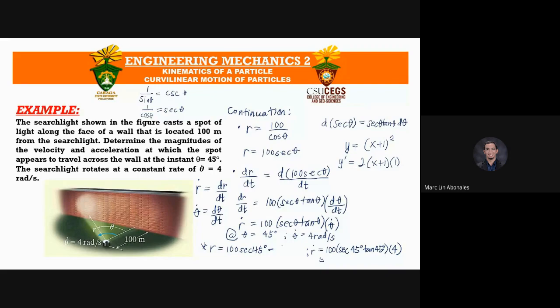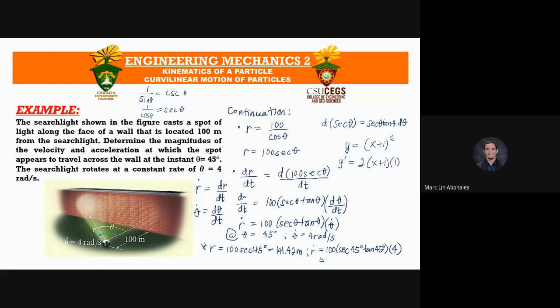So ang r nato is, pila man natong r? Anyone who can tell me pila tong r? 141.42 meters. Take note, meter ang atong gigamit diri sa unit because natay 100 meters here, so that is a meter.